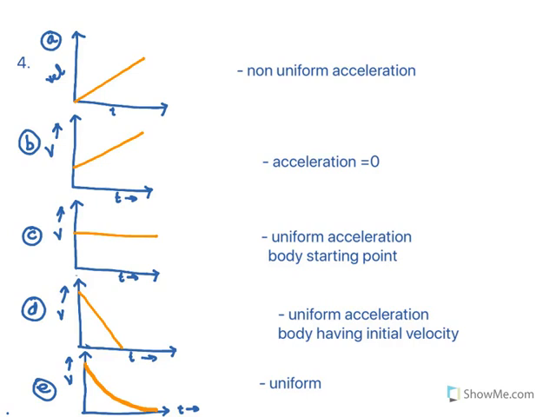Now let's match the graphs with the descriptions given on the right hand side. Now if you want to find non-uniform acceleration, I think that would be E. This E would be non-uniform acceleration. Non-uniform retardation, not acceleration. So I just cancel this. This is retardation.